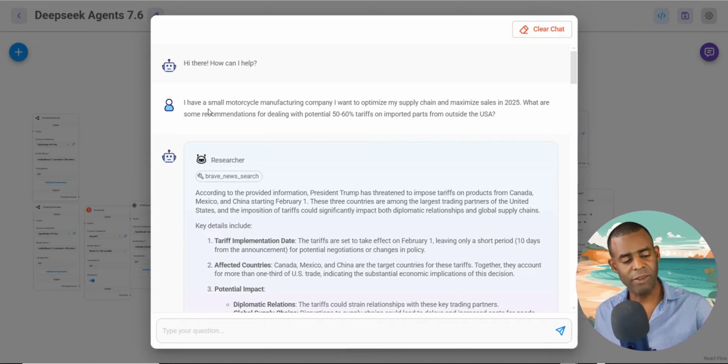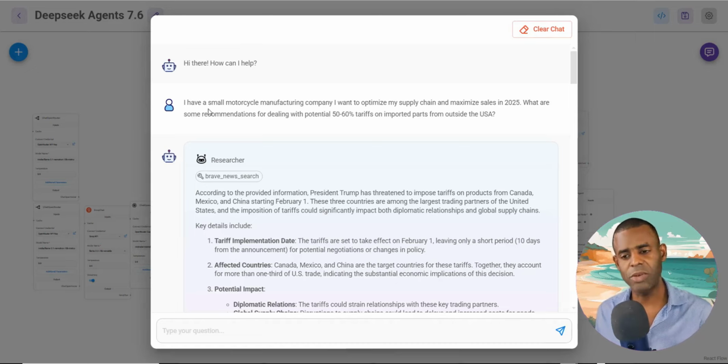So in this particular example, we have a small motorcycle manufacturing company, and we want to optimize our supply chain and maximize sales in 2025. What are some recommendations for dealing with potential 50 to 60% tariffs on imported parts from outside the USA? And as you all know, this is a big topic right now in the news with tariffs.